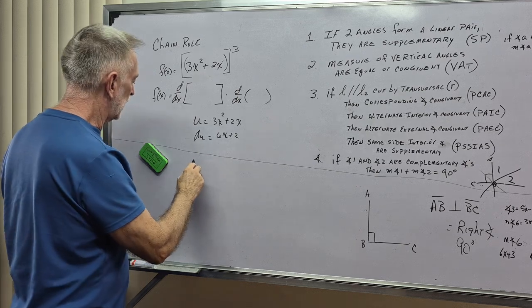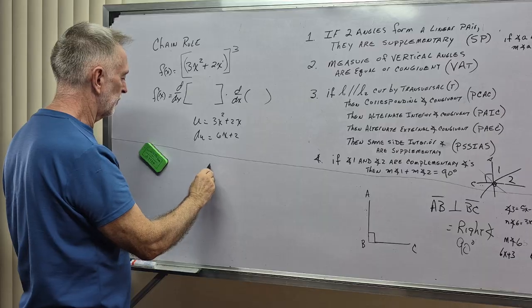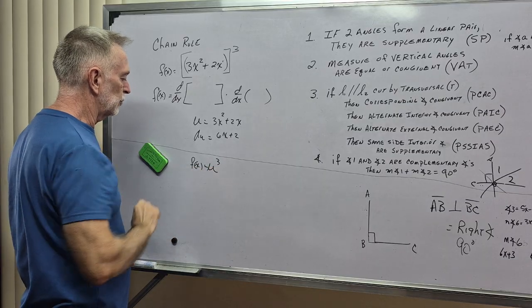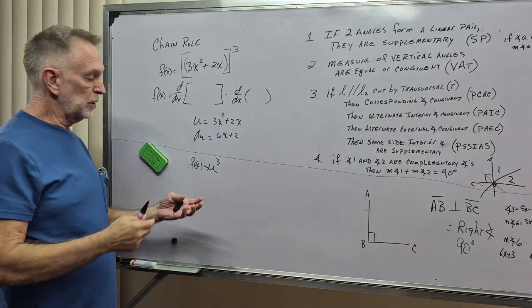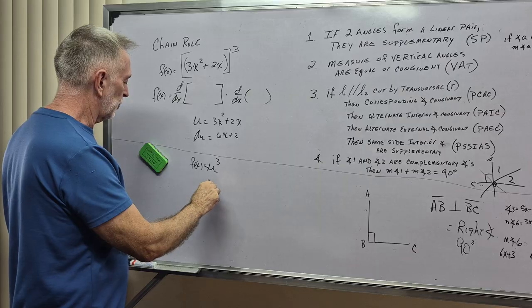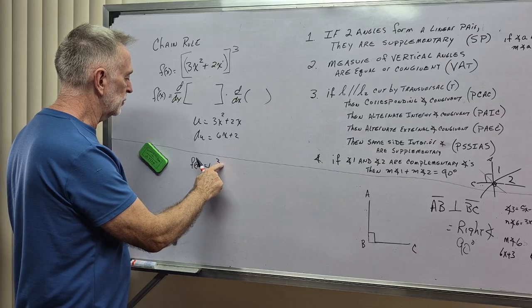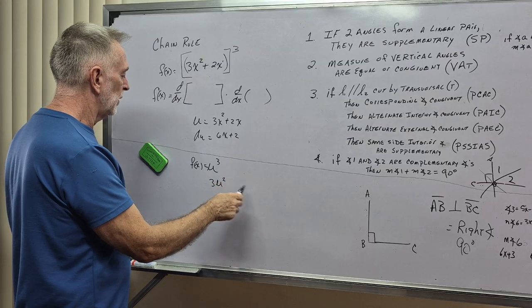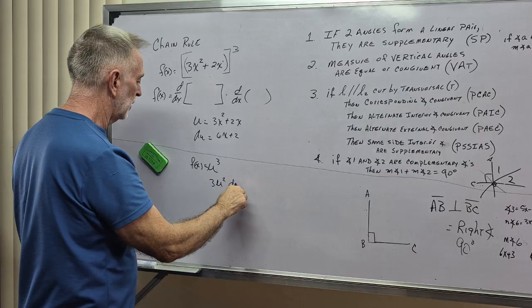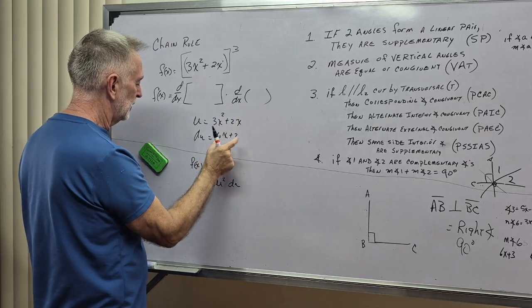So now let's say we have a function that's u cubed. So f of x equals u cubed. We would think, well, that's easy to take the derivative of that. Bring the 3 down, 3 times u to the 2, or 3 minus 1, which is 2, times the derivative of the inside, which the derivative of the inside is du.